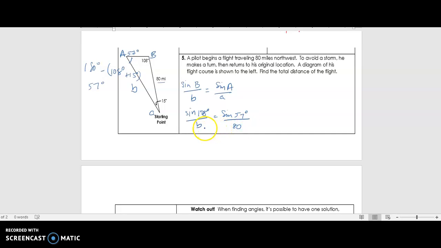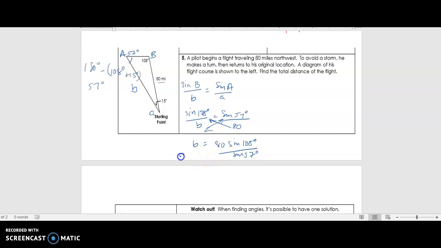We'll just cross multiply as we always do, so this becomes b equals 80 sine 108 over sine 57.